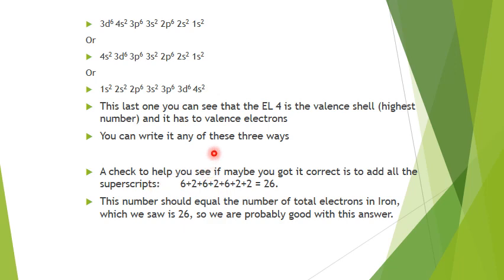Another thing: if you want to check whether your answer might be right, you add up all the superscripts. If the sum equals the number of electrons, you probably got the right answer. So 2 plus 2 plus 6 plus 2 plus 6 plus 6 plus 2 equals 26. Iron has 26, so that's a good check.